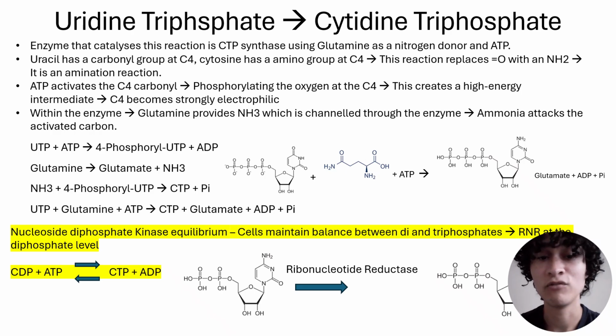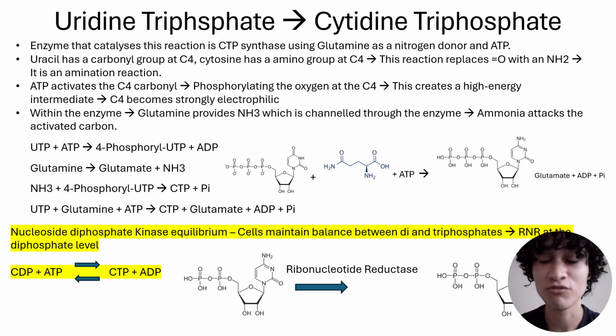Then we're going to go down to glutamine. What's happening with glutamine? Well, our CTP synthase enzyme has an amine hydrolase domain, so it's going to isolate that amine group from the glutamine, giving you glutamate and your NH3 ammonia. Now, of course, that ammonia is not free ammonia.